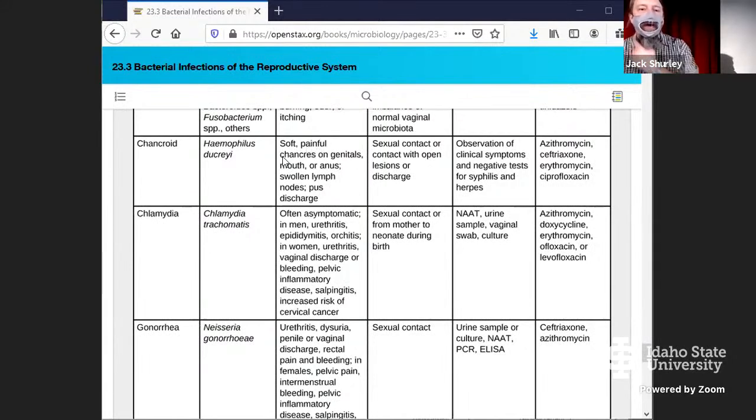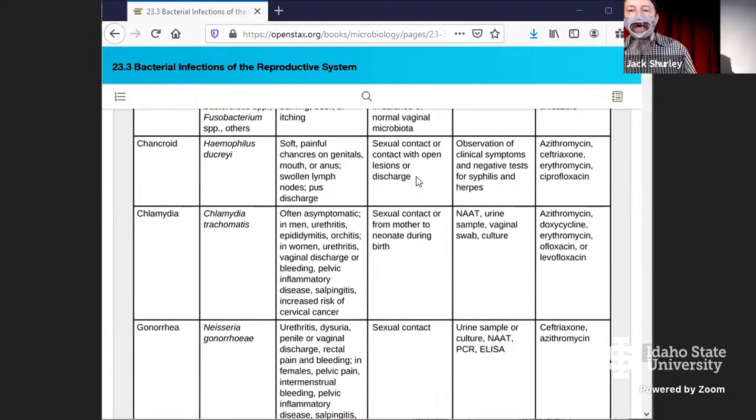Here's the painful one. All right, so chancroid, Haemophilus ducreyi: soft, painful chancres on the genitals typically, but depending upon what's going on, you might see them on your mouth or on the anus. You can also exhibit swollen lymph nodes and discharge.